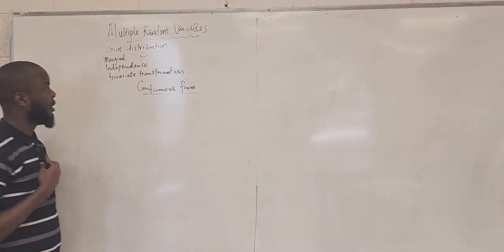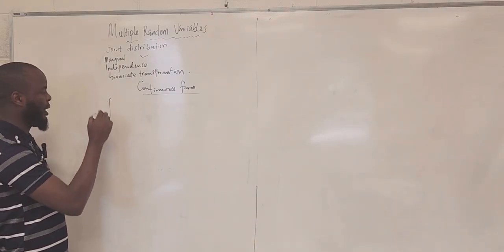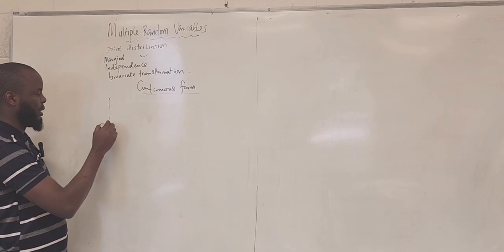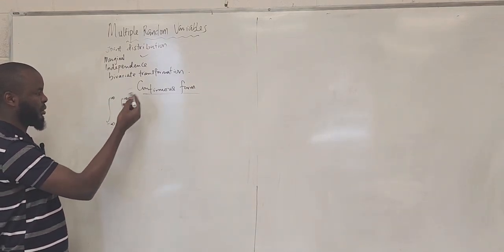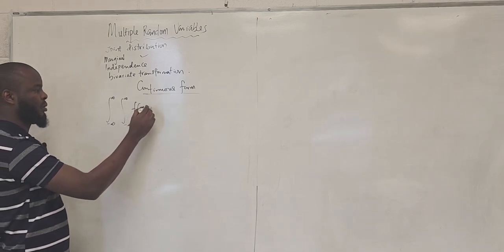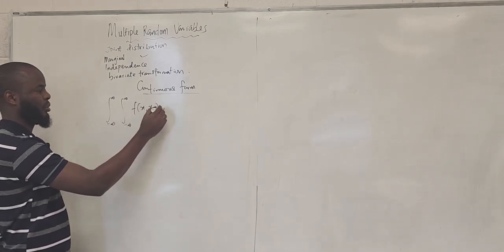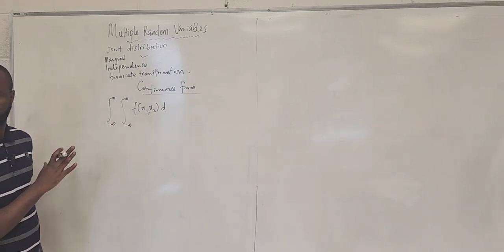Okay, now we have this. For the joint distribution, you can have negative infinity to positive infinity, depending on the conditions. Assuming we have x1, x2, this is where the catch is.